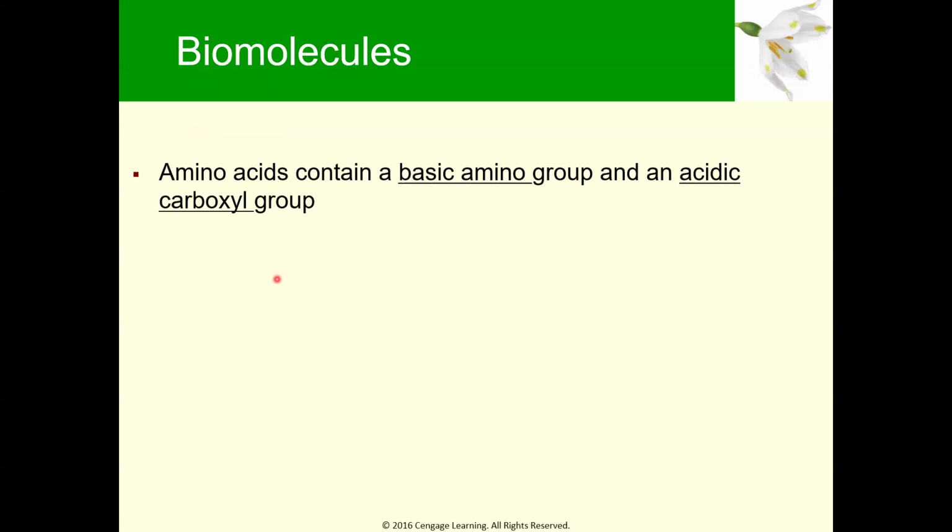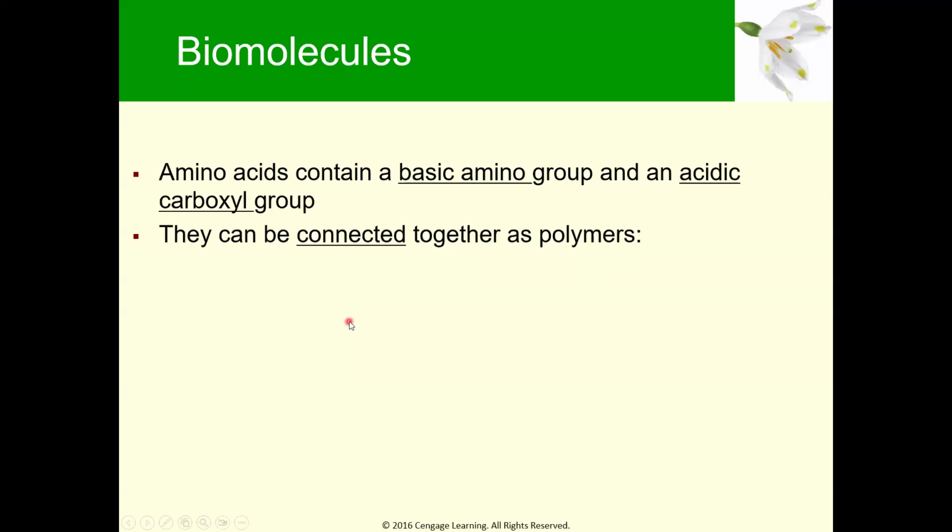They contain both an amino functional group, which happens to be acting as a base, as well as a carboxylic acid functional group, which of course, as the name implies, behaves like an acid. And one of the reasons why this is so important is because with those two functional groups, you can connect amino acids together to form a polymer.